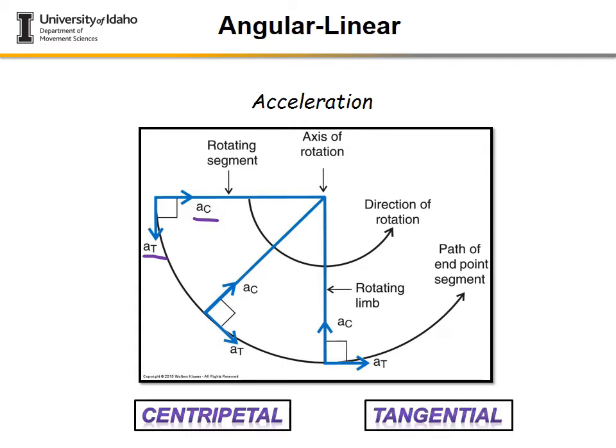The tangential is exactly as before, where the concept is a line that intersects at one point, the point of interest, the point of contact, the point of intersection, and it tells you the direction of the linear component. But there's also a centripetal acceleration, which goes directly back at 90 degrees towards the axis of rotation. And we'll talk about what that is.